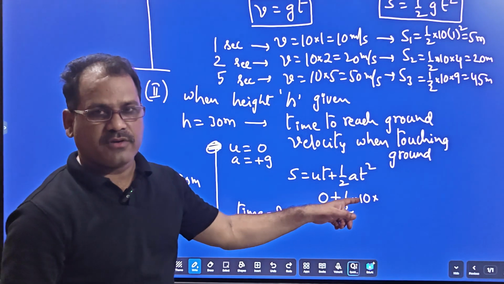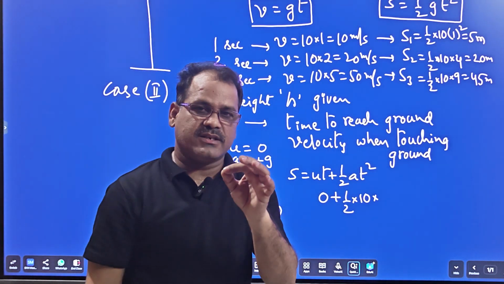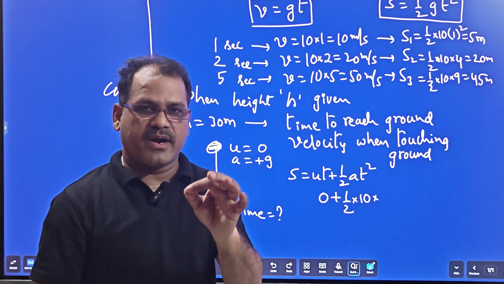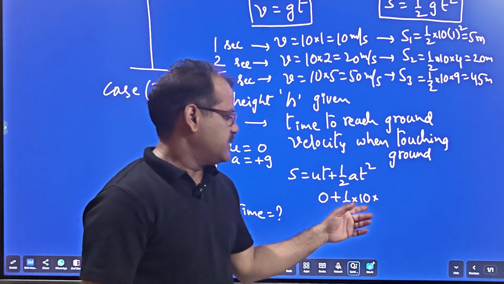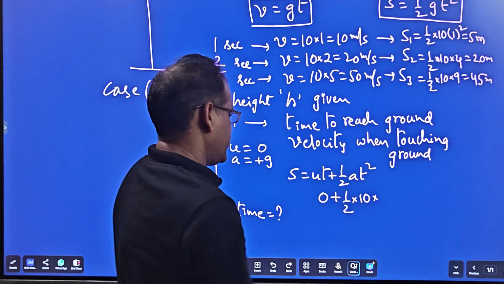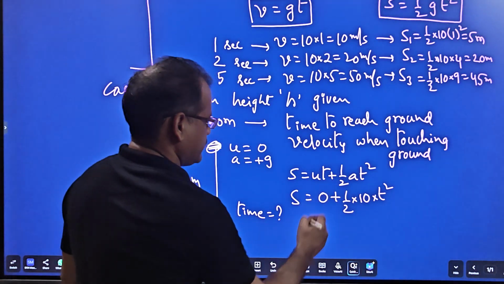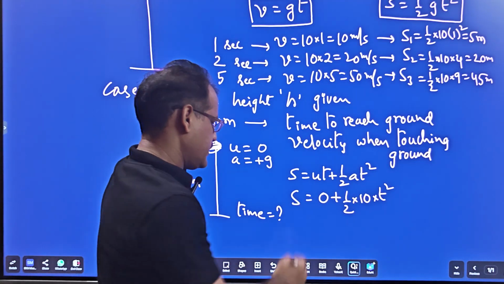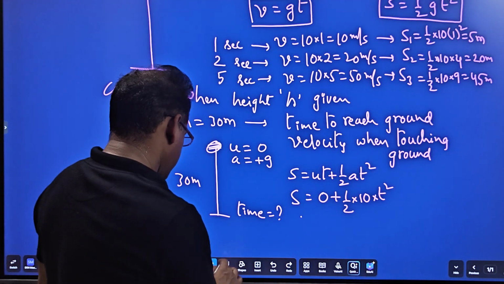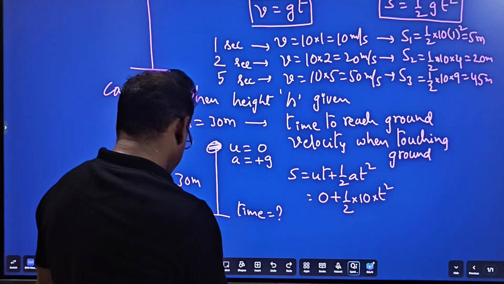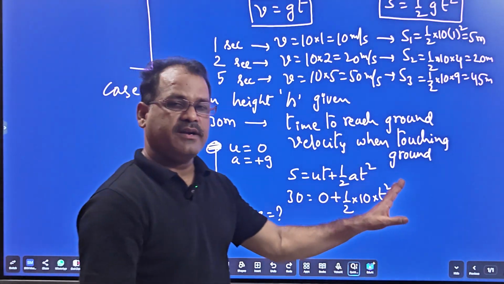I am taking the approximate value of g until and unless given in the question. Acceleration due to gravity g equals 9.8 meter per second square, but let us use the approximate value 10. We don't know t, so t square. s is given directly as 30 meters, so substitute: 30 = half into 10 into t square.